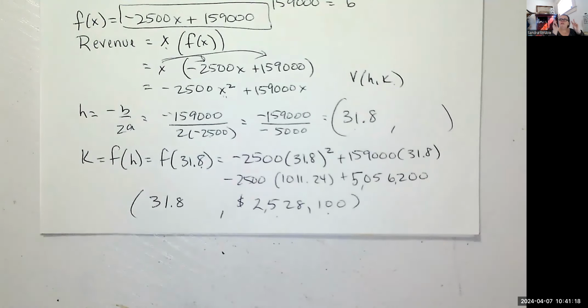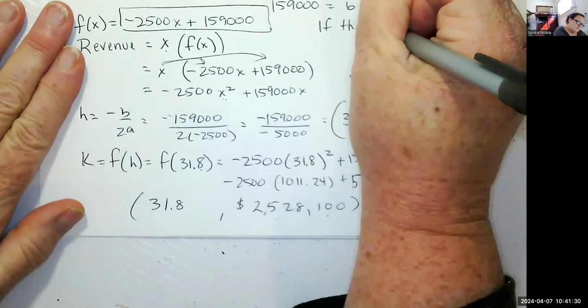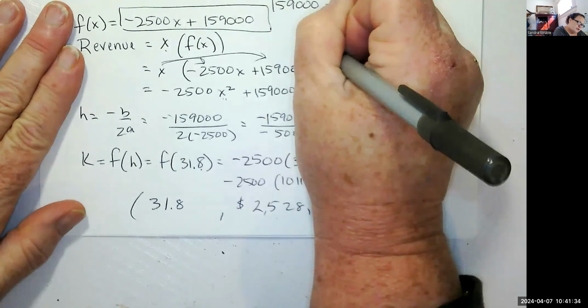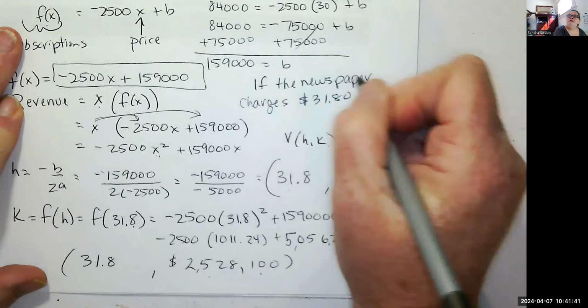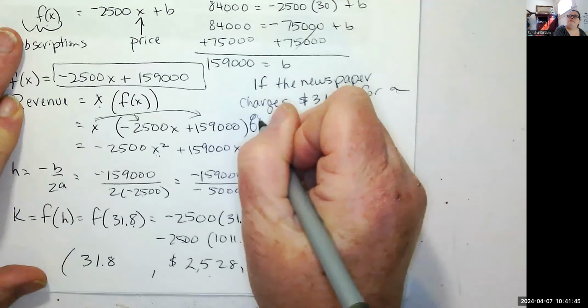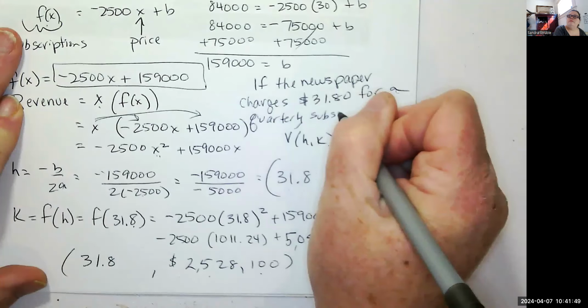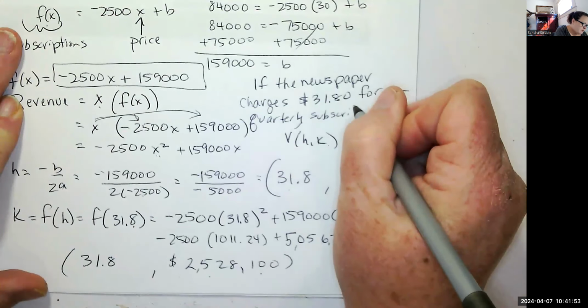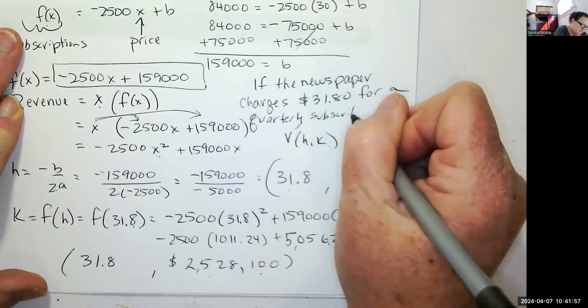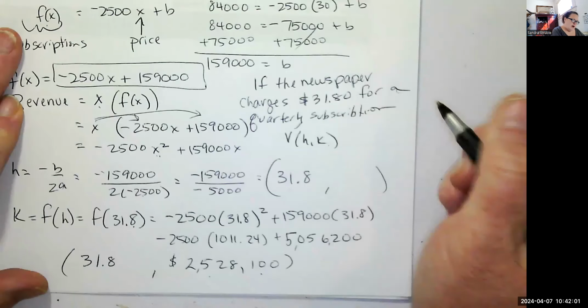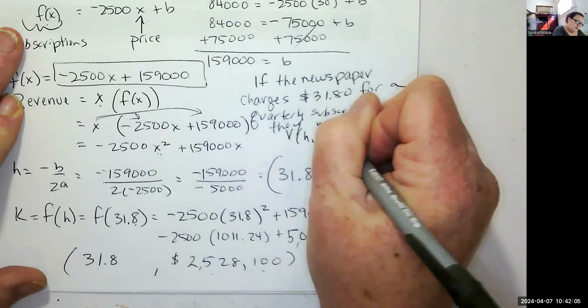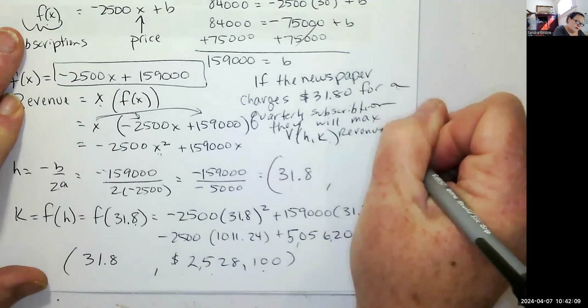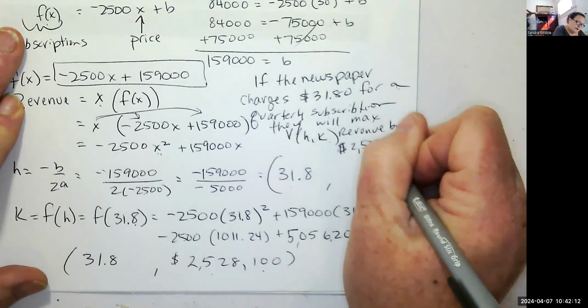If you were interpreting what this means, you would say, if the newspaper charges $, correct units, $31.80 for a quarterly subscription, they will max revenue by $2,528,100.